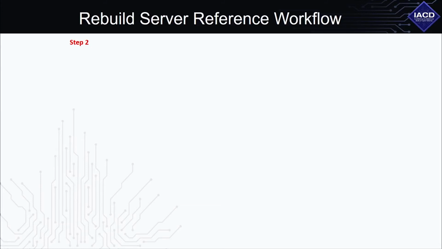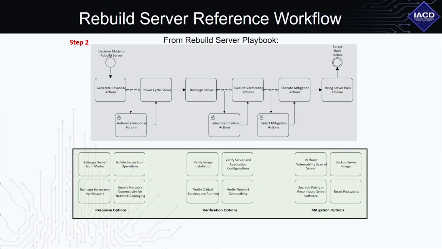Step 2. Identify which process steps and best practice options from the playbook to include in the reference workflow. Ask yourself, which best practices is my organization currently implementing? Which ones would I like to implement? This can help you make your selection from the playbook's possible best practice options.